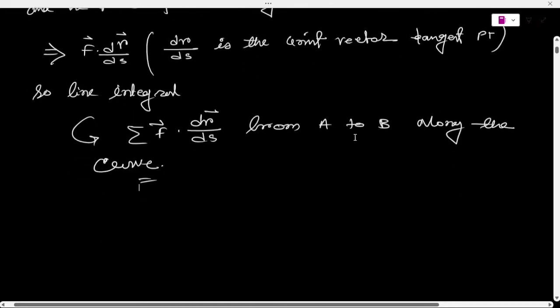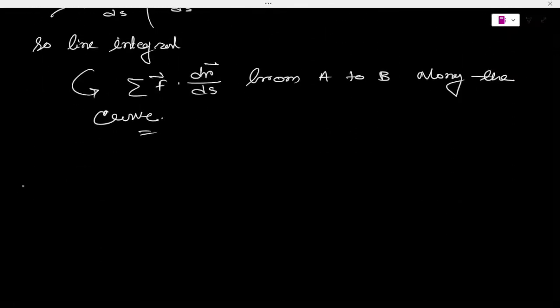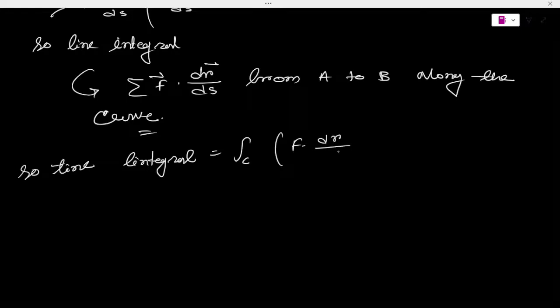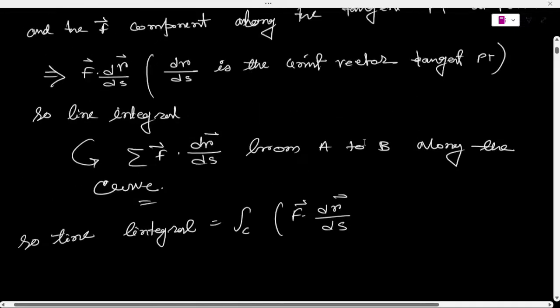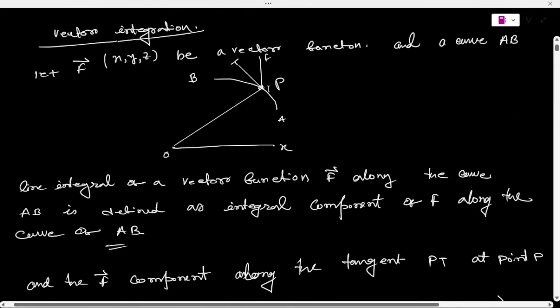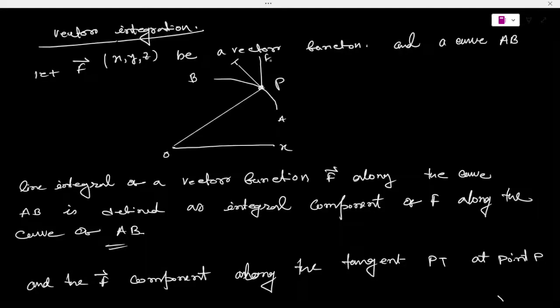So the line integral over the closed curve C is f dot dr divided by ds. What is the f vector? f is represented at this point.